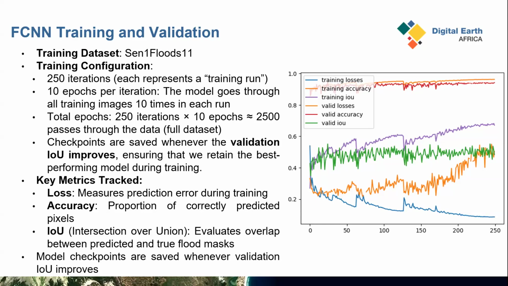But an important thing is we save checkpoints, and we do that every time the validation IOU, intersection over union, increases.